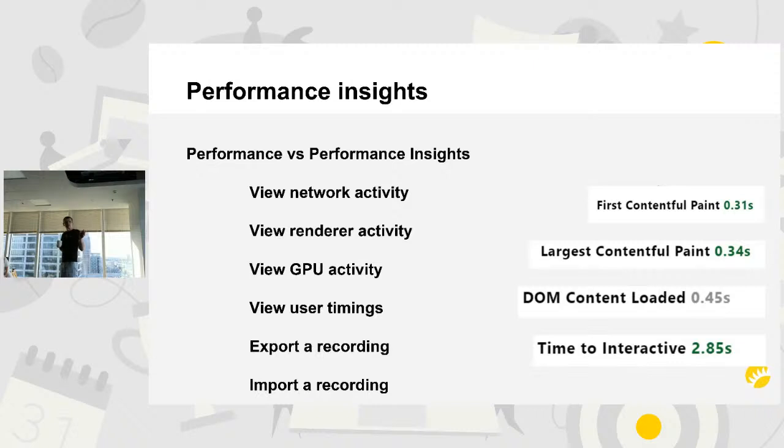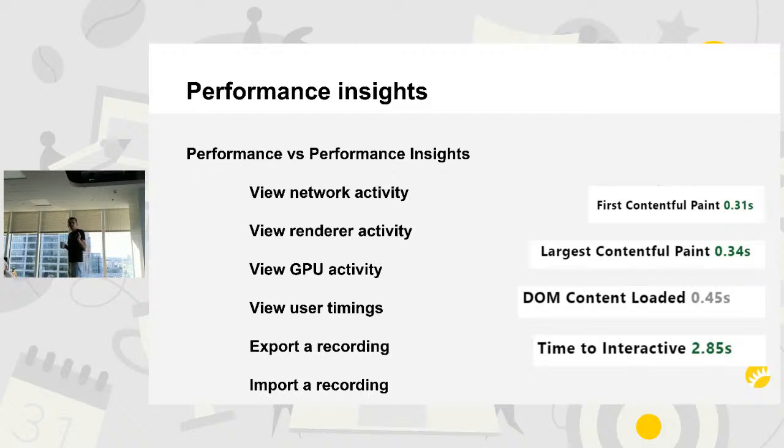But speaking of the performance of the website, probably the key metrics that developers and testers look at are these. First contentful paint is basically when the first image comes to the screen, so at least the browser knows that something is going on there.